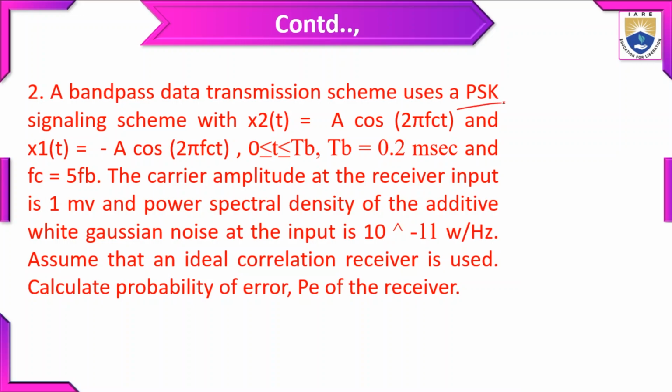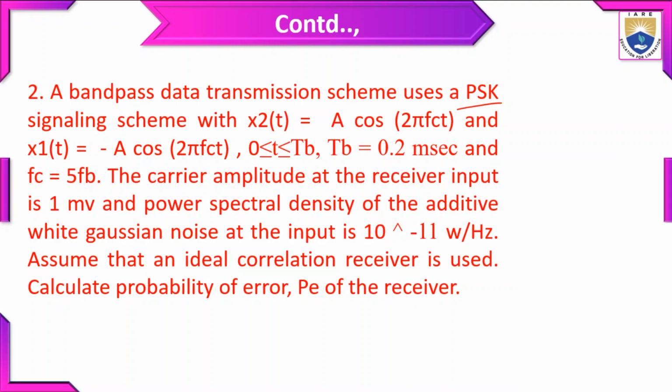What is PSK? Phase shift keying. In phase shift keying, we know that the phase difference between 0 and 1 is 180 degrees. So that's why we call it antipodal signals. The phase difference between 1 and 0 must be 180 degrees.